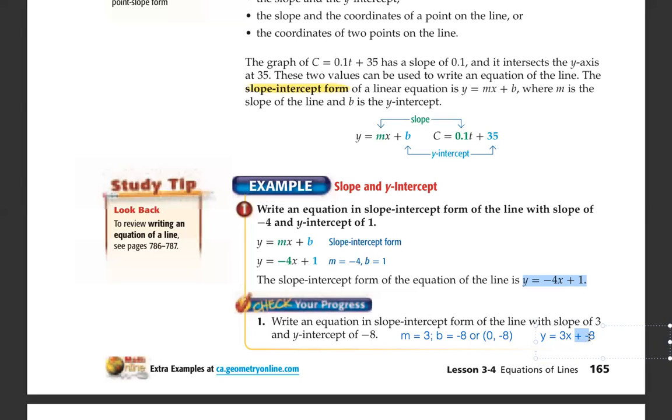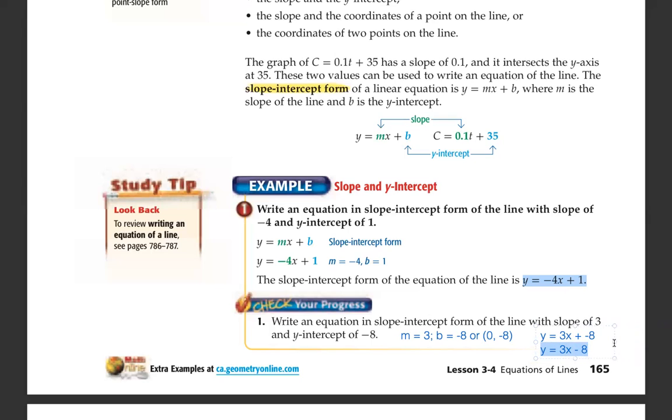Remember that if the signs are different, then we carry over the negative sign. So y equals 3x minus 8. Looking at your given, since your y-intercept is -8, the final answer is y equals 3x minus 8.